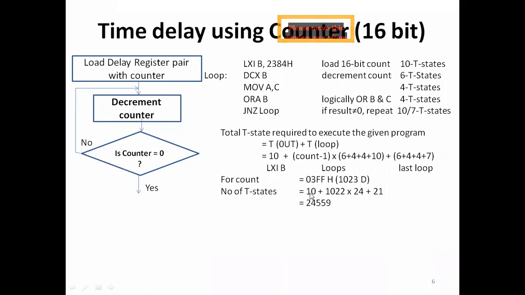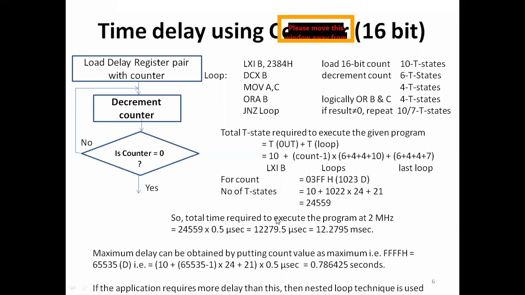So this will be equal to 10 plus (1022 multiplied by 24) plus 21. That will come around 24559. These are the number of T states. And once you know the number of T states, you multiply it with the time period, meaning the time required for 1 T state.